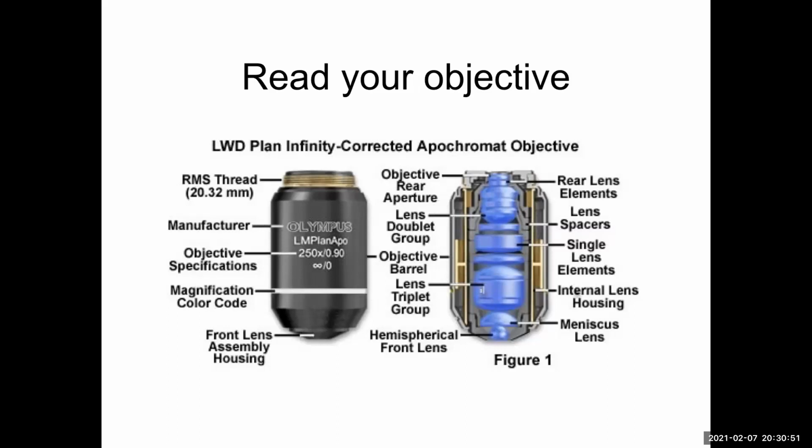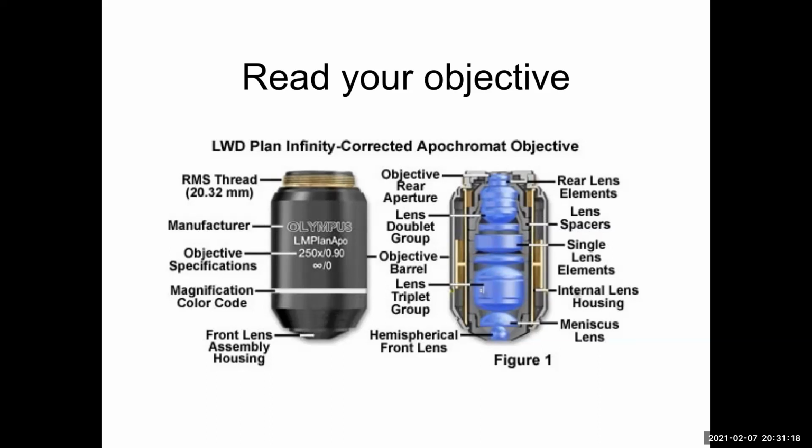This is why objectives are so amazing and expensive and hard to make, and good ones are only made in certain places in Germany and Japan, to be honest, although I've seen some good ones coming out of China now. So it's a very specialized kind of thing to create a proper microscope objective these days. And the good news is there's a ton of info on the objective itself that tells you all sorts of things about it.